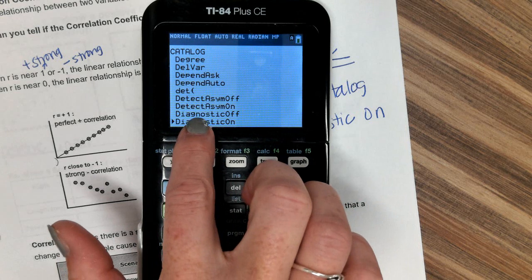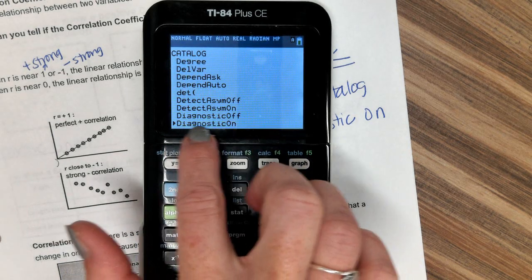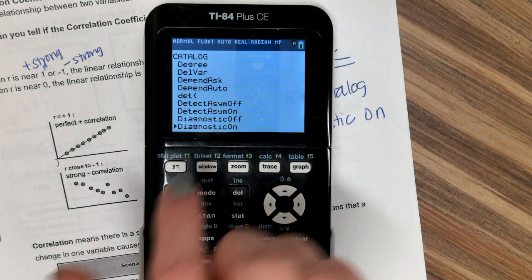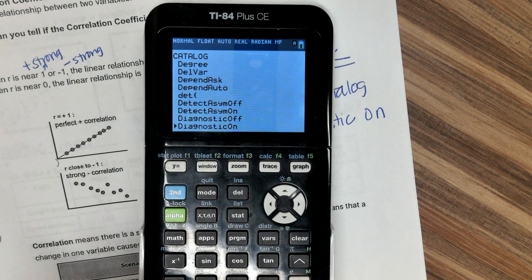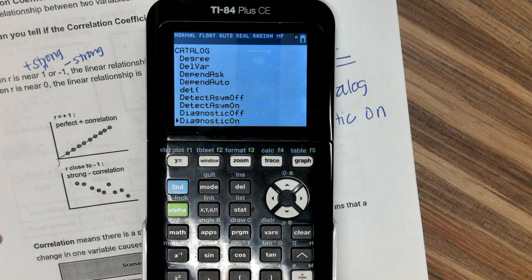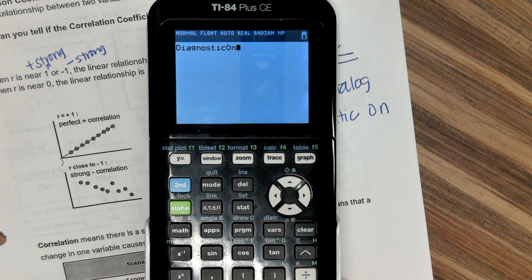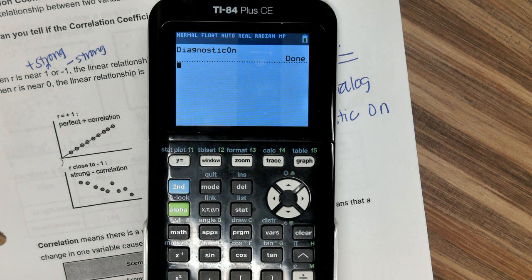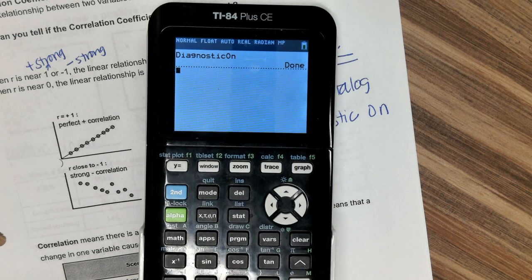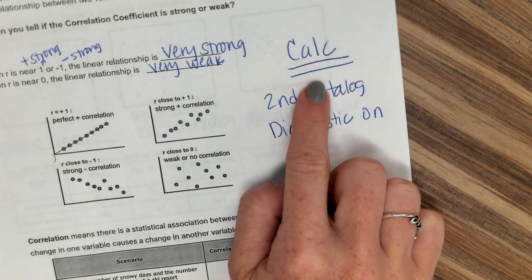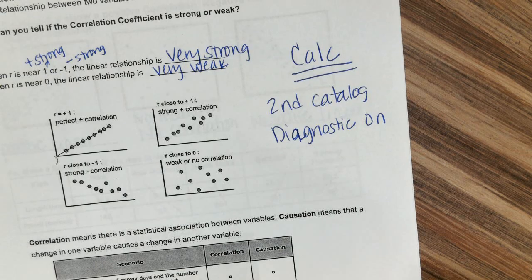Right here. It says diagnostic off first and then diagnostic on. Did everybody find it? Okay, you're going to make sure the arrow's pointing at it, hit enter, and then hit enter again until you see done. That means now your diagnostics are on, and it's going to tell you the R when you use stat.